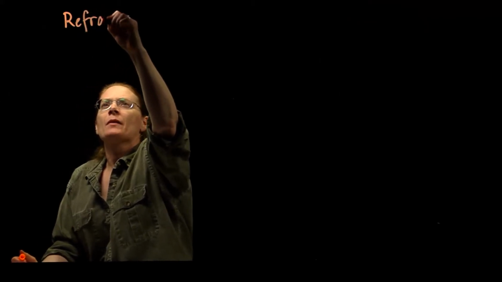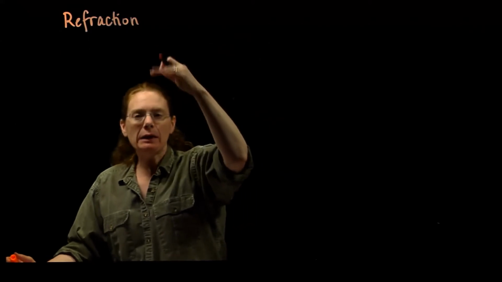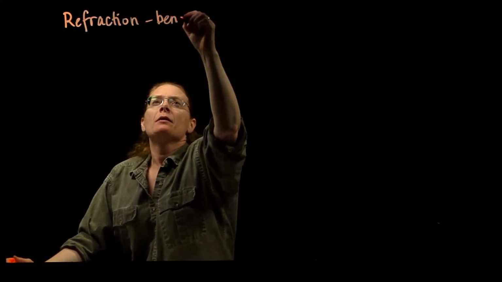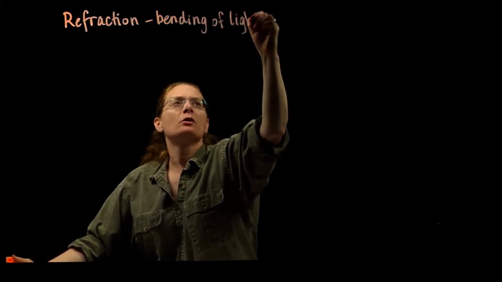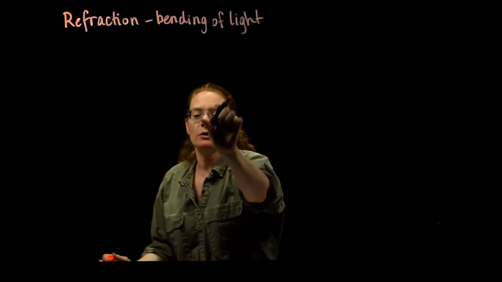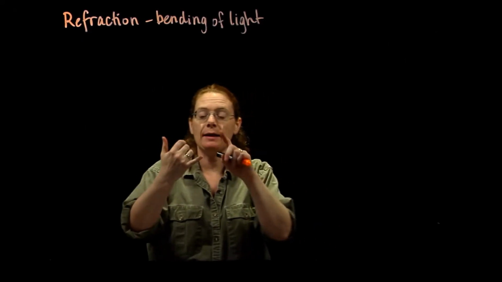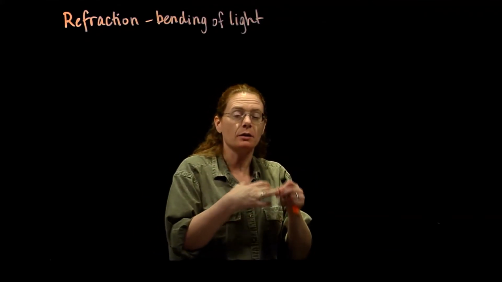So refraction is the bending of light when it changes media, from one medium to another, from one material to another. How much that light bends when it changes media is determined by two things. It's determined by the angle that the light's coming in at, and by what materials it's moving through.